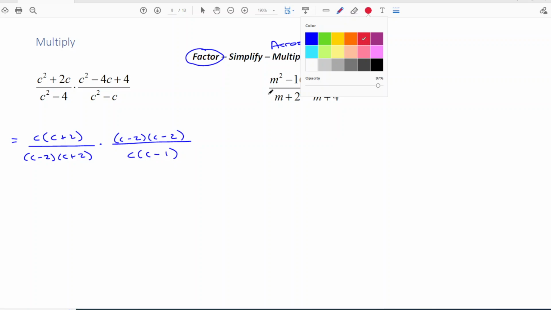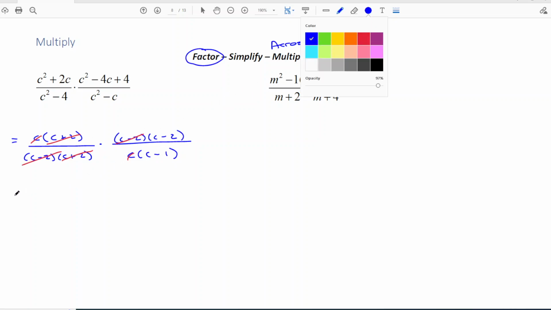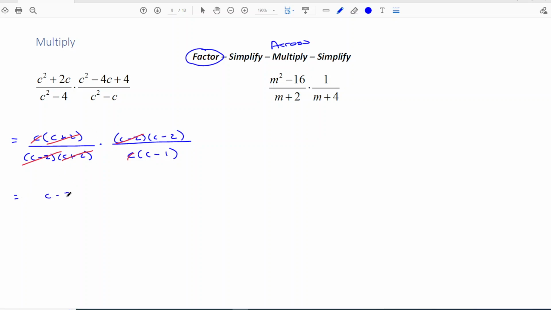So when I look at this one, I see a c plus 2, I see a c, and I see a c minus 2. So I have factored, I have simplified, and then I'm going to multiply across. So this is 1 times 1 times 1 times c minus 2, and then 1 times 1 times 1 times c minus 1. And that's it, that's done, right? Do not simplify your c's because you have to subtract the 2 before you could do the division.